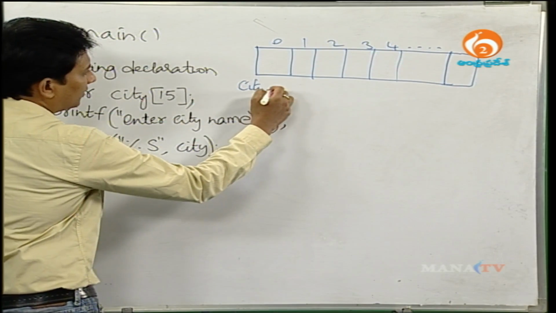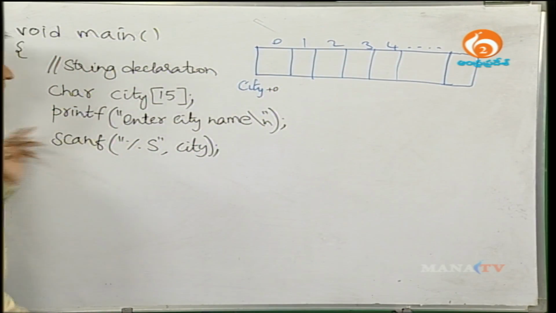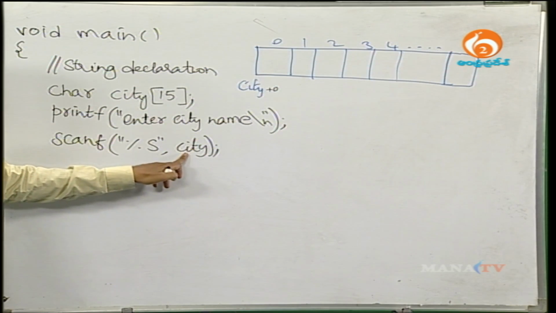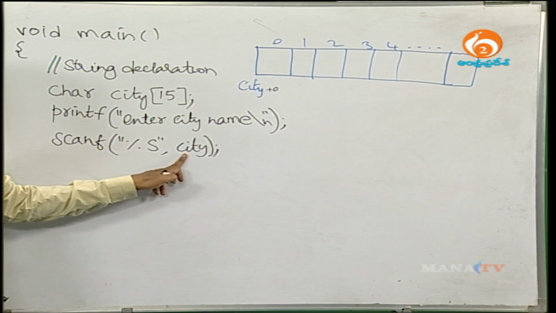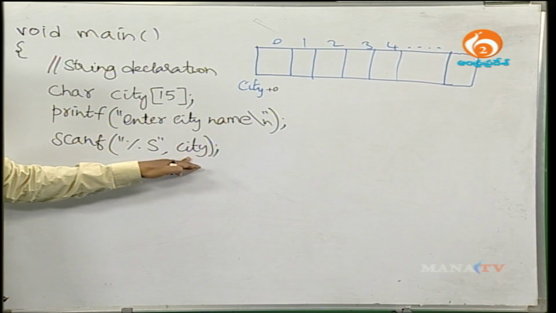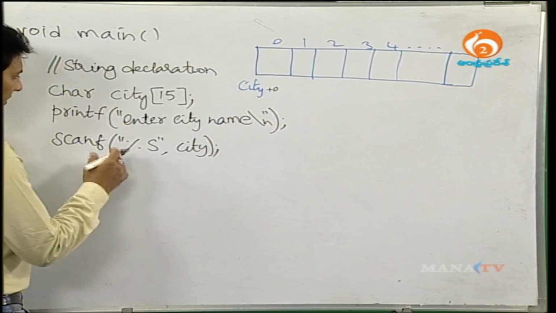This is city+0, city+1, city+2, like this. We write only the base address here. If you write only the name of the string, that is enough in the scanf function. No need to write city[i], no need to use a for loop to read. This is scanf reading the string.